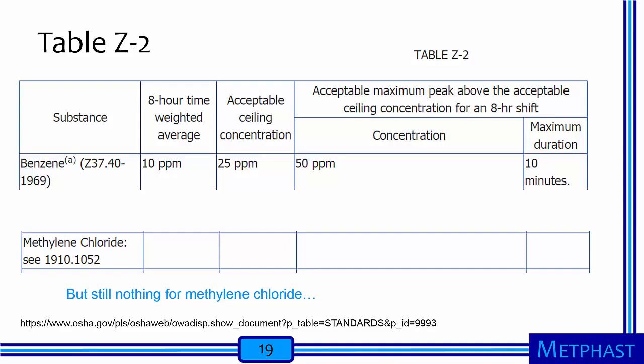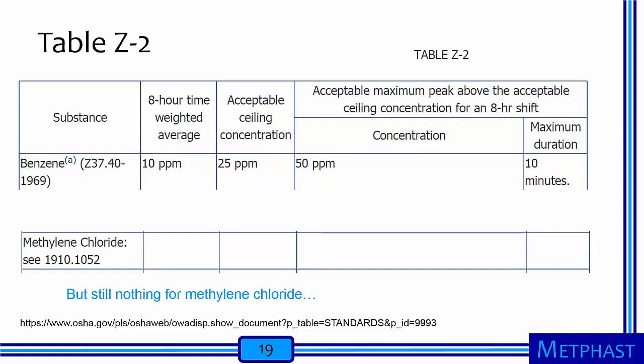So table Z2 provides more information about compounds with ceiling limits. Table Z2 has a different format than table Z1, but it's still relatively easy to follow. The first column I see is substance. So here's an example. For benzene, there is an 8-hour time-weighted average PEL of 10 ppm, a ceiling limit of 25, and then some more definition.